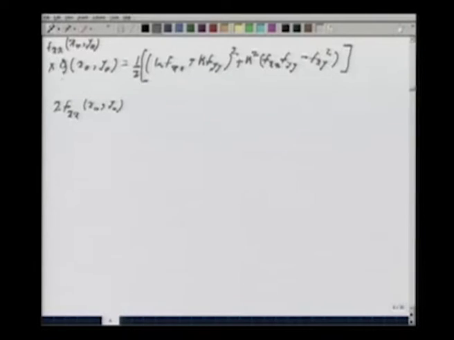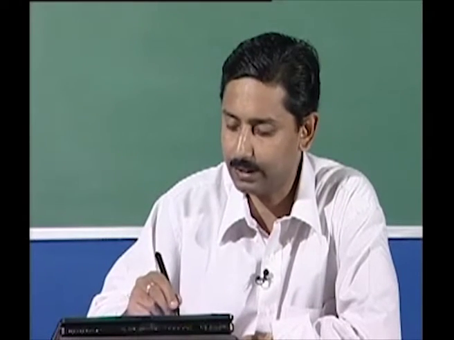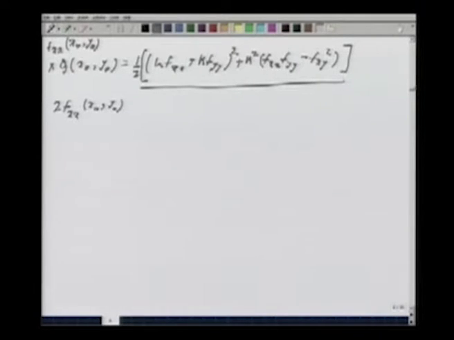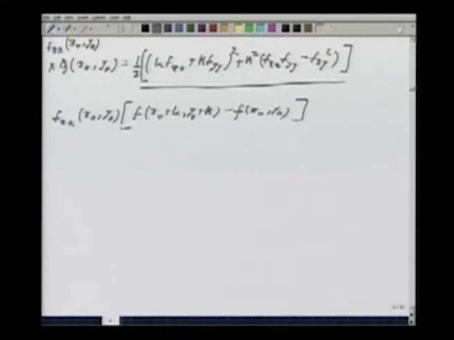So fxx at x naught y naught times q at x naught y naught is actually this quantity on the right hand side.